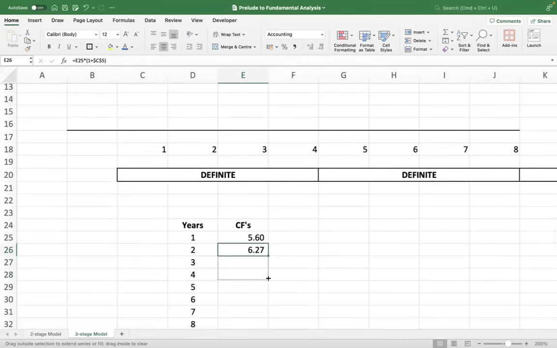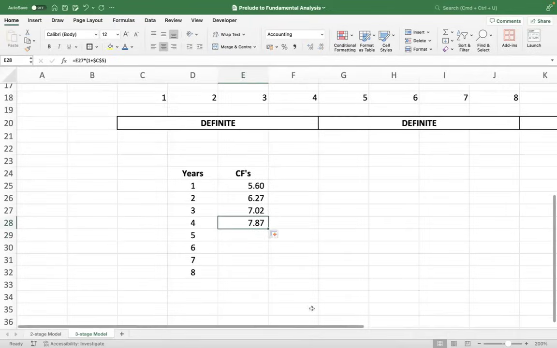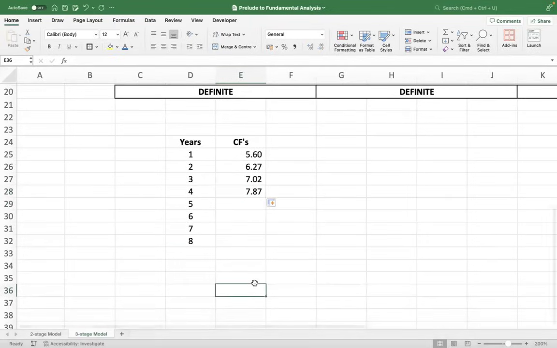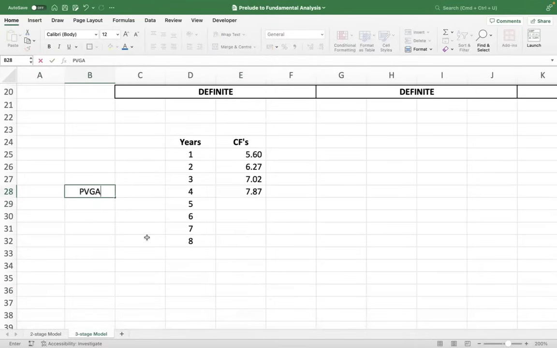Then, the annuity is growing at 12% annual for 4 years. We will first find out the present value of growing annuity for the first phase, using the formula. So present value of growing annuity, what is the formula? Which I had mentioned last time.